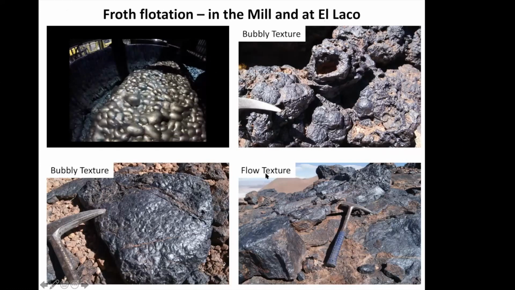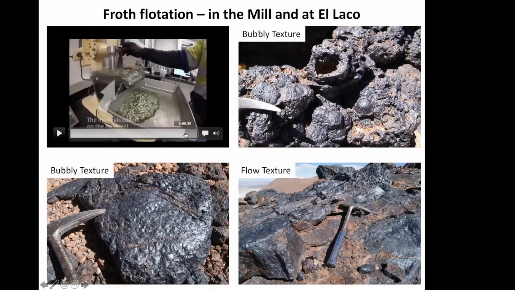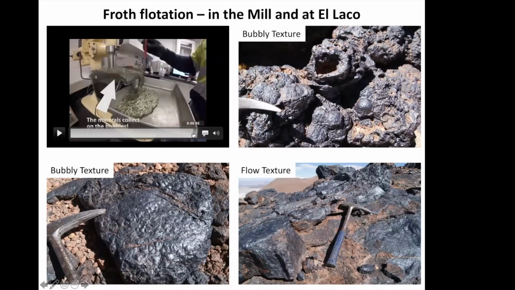But at El Laco, what we propose is that a similar process occurred where these would be magmatic hydrothermal fluid bubbles, chlorine rich, and they are effectively coated with grains of magnetite grown from silicate melt, the magnetite alpha and the magnetite beta. And at El Laco, what God does when she wants to intrigue us is she simply scraped this out on the surface.